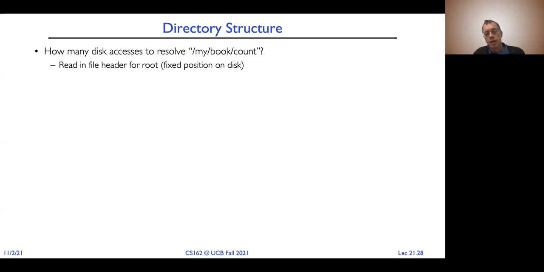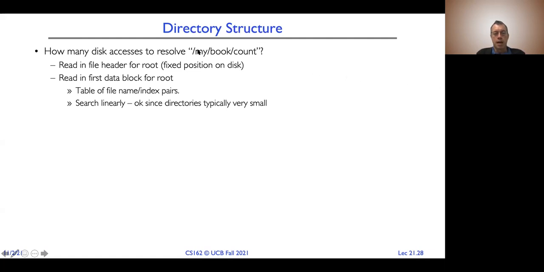Fortunately, by convention, the operating system puts the root directory in a fixed position on the disk. So you access the data block for root. In the root data block, you have the directory entries, the file entries in the root directory. So you need to locate my. How do you do that? You can search linearly. Typically, the number of entries in a directory is small.